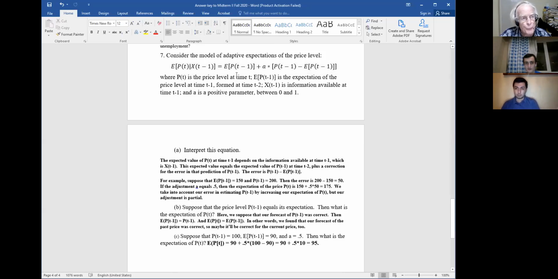Some economists suggest that this is not a very realistic model. Surely people will use all the information available to them, past, present, or predictions about the future perhaps.